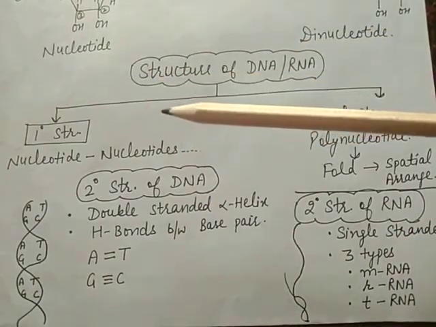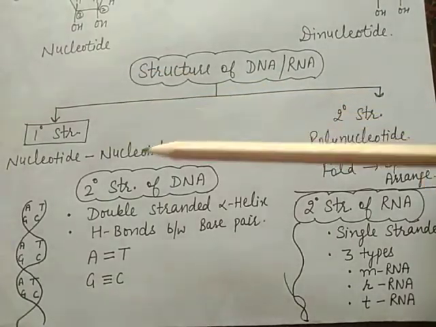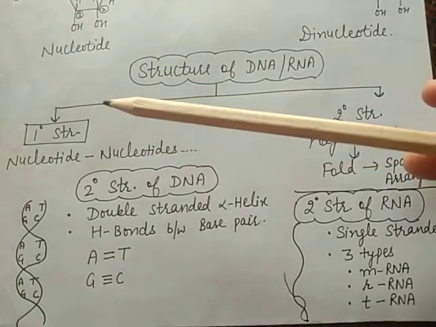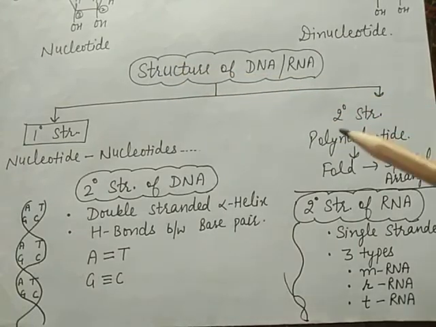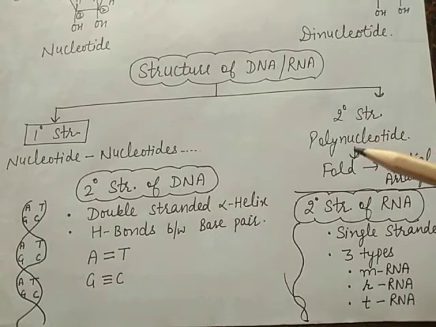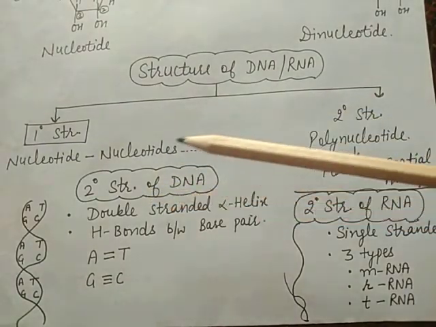In primary structure, the sequence of nucleotides in the chain of nucleic acid is called the primary structure. But nucleic acids have secondary structure also. So here we will discuss the secondary structure of DNA.